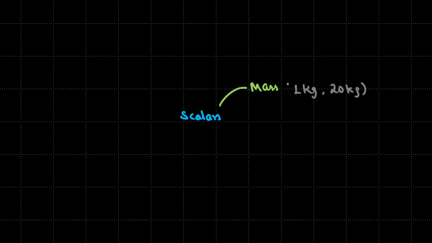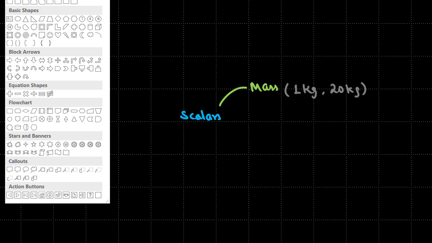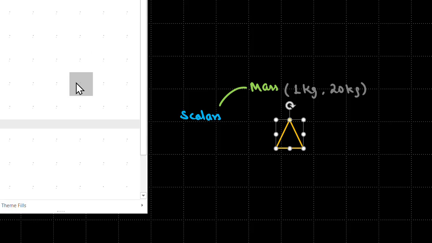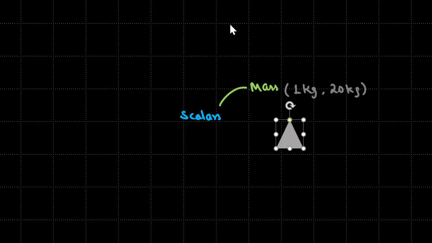Does it need a direction? It does not need a direction. Think about it. If I have a pointy shape, a 1 kg object, even if I change its orientation, so let's actually use a shape for it so that it's going to be consistent. Let's take this right over here. Let's make this gray.